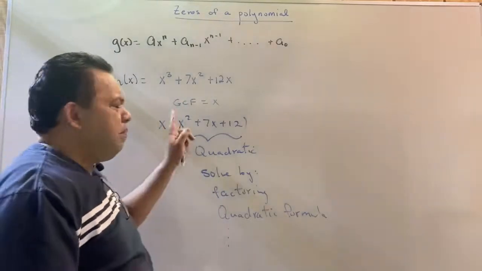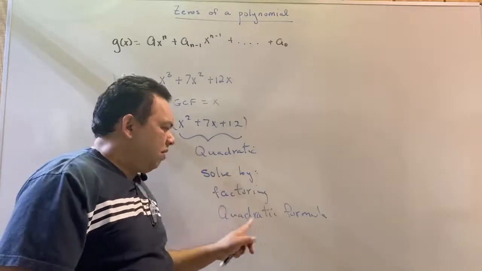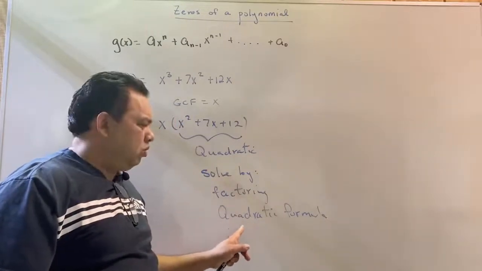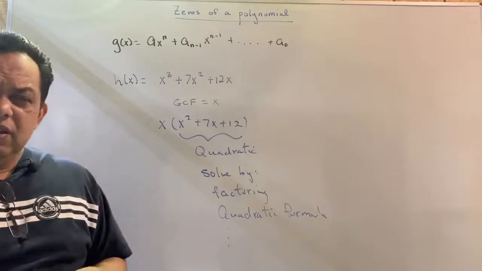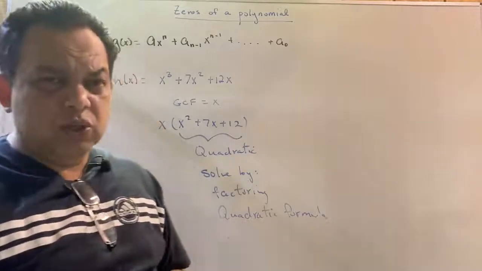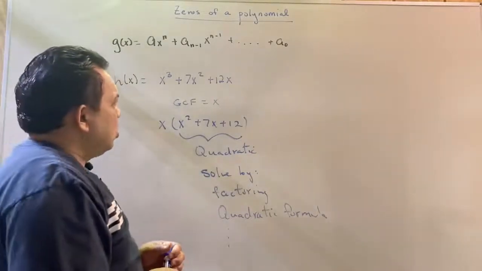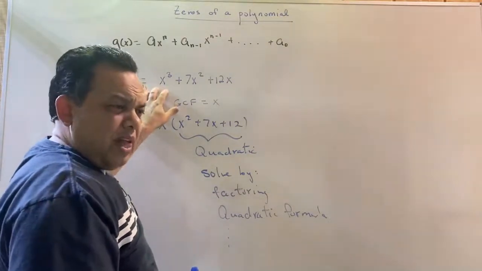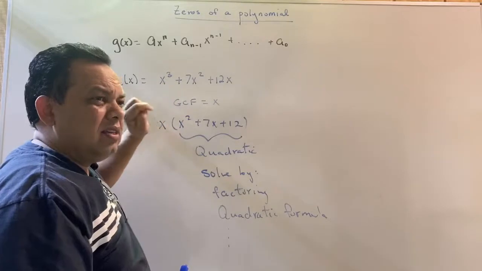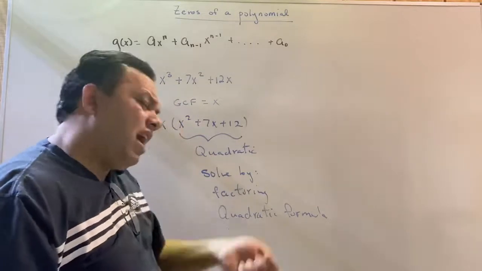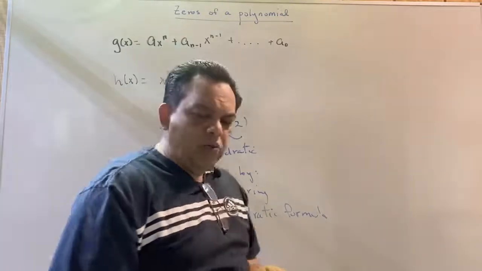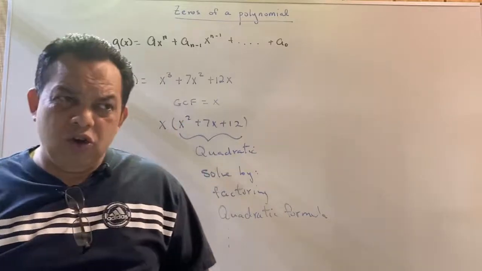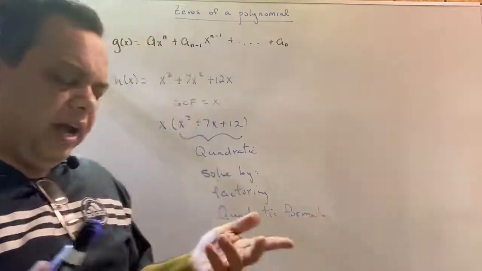But if it's a prime polynomial, then most folks out there use the quadratic formula. Or completing the square will also work. So the goal is to take any given polynomial and to find the zeros, or first find the factors of the polynomial. And once we have the factors of the polynomial, we are now able to find the zeros.